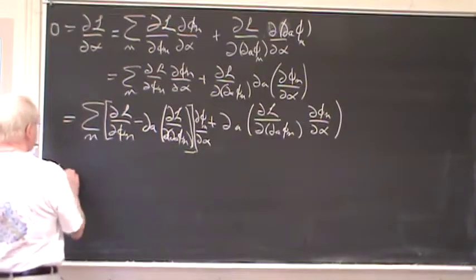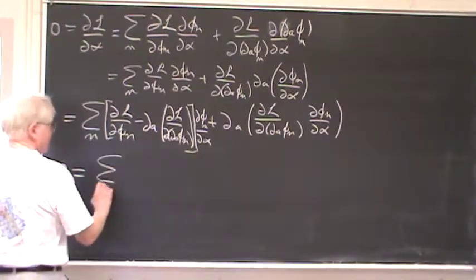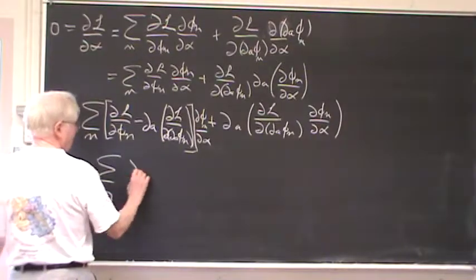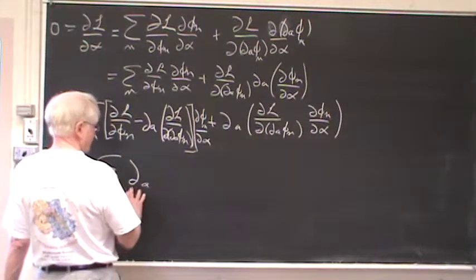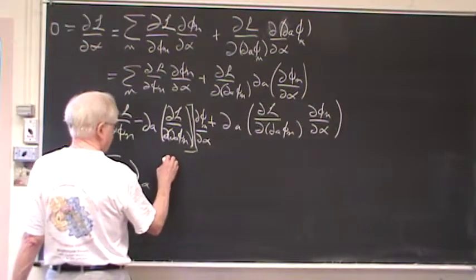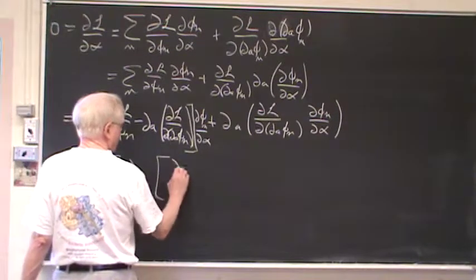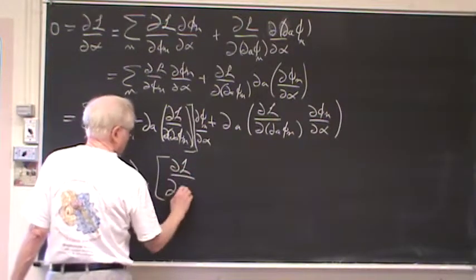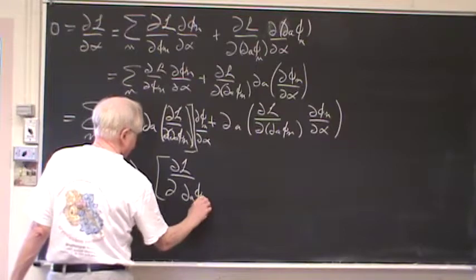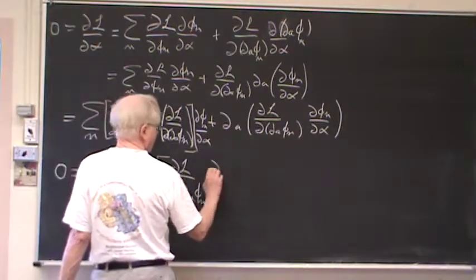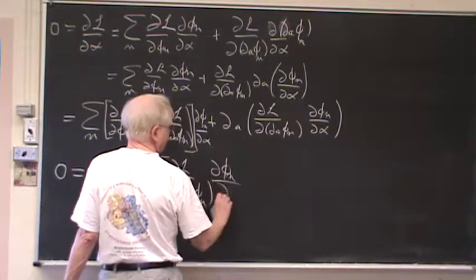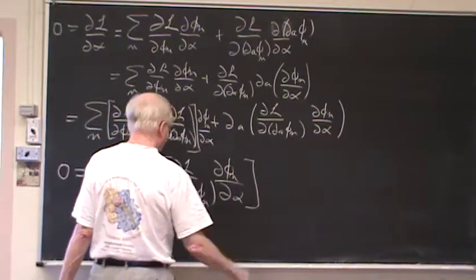So what we get then is 0 is sum on n of the derivative with respect to xa of partial L, partial dA phi n, partial phi n, partial alpha.